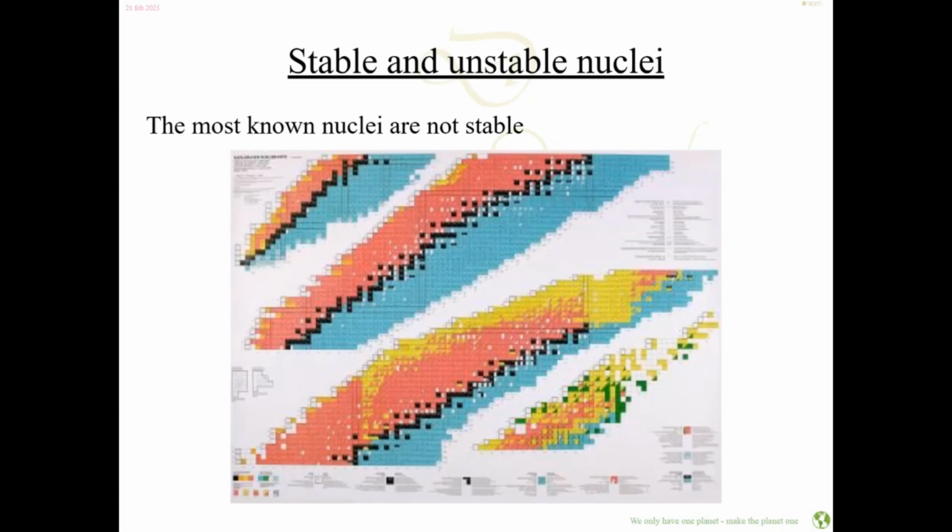And only the black ones are the stable ones. So all the other colors, blue and red and yellow and green, and there's even some orange there I see, those are all radioactive atoms. So by far the majority of atoms is not stable, is radioactive.